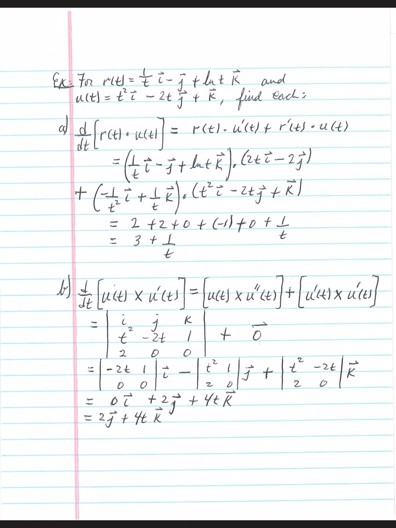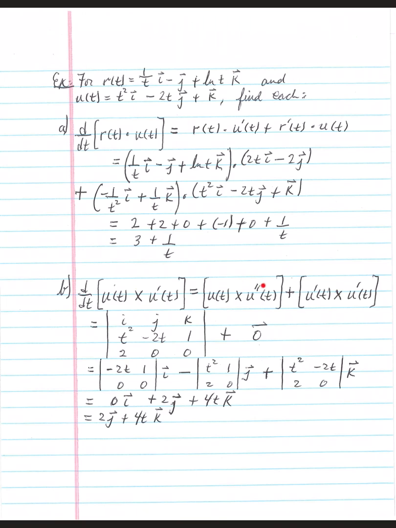Now, let's look at another property. We're going to take the derivative of the cross product of u of t and its derivative. All right, u of t is given. We calculated the derivative here. So let's take the cross product. Remember that now from that previous page, this is the expansion for this derivative of that cross product.